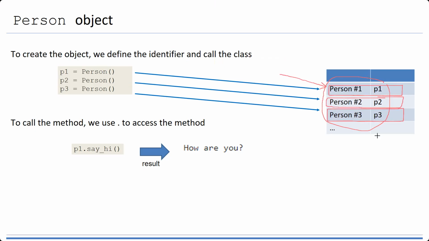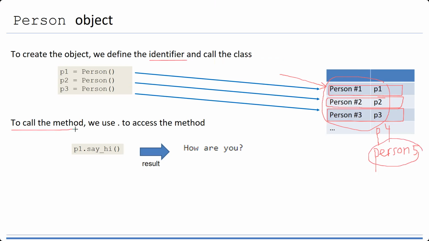If you have another person, for example, person number 4, or I want to use another variable, person 5, is it possible? Yes, it is possible. You can define this identifier as long as the name is unique and does not conflict with the Python syntax.